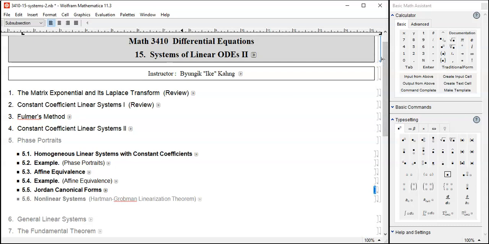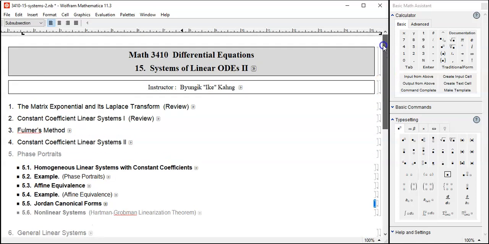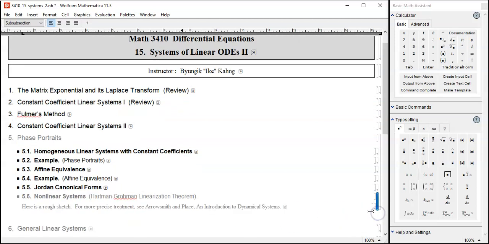Now, I have some time left here, so let's talk a little bit about nonlinear systems. Why am I talking about nonlinear systems? It's clearly outside undergraduate level. Well, that's because nonlinear systems happen to be my specialty in research, to tell the truth. That's why I cannot resist.